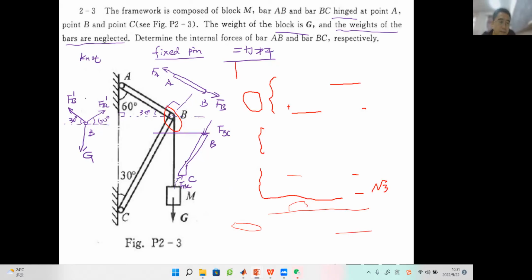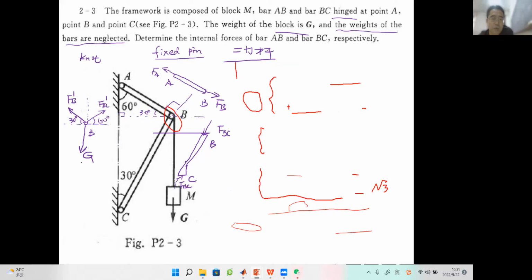I think the process of analysis is very important. When we give this analysis result, we can see it is a concurrent force system with only 3 forces, and this active force G, its direction and magnitude are known. It does not tell us the real value of G, but we can think this G is known.